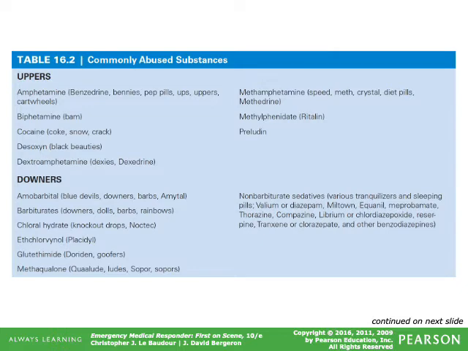Alright, some common downers are going to be amobarbital. These are known as Blue Devils, downers, barbs, Amytal. Barbiturates. These are downers, dolls, barbs, rainbows. Chloral hydrate. This is also known as knockout drops, Noctec.